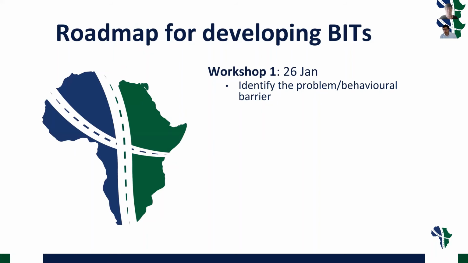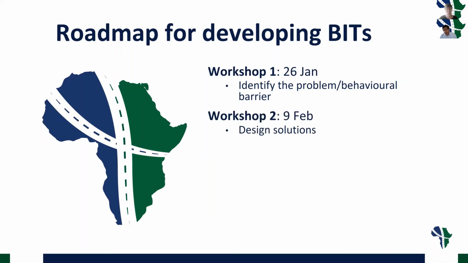I believe you've all received calendar invitations for the 3 workshops next year. The first workshop is the 26th of January, and I want to just describe these workshops in the next few minutes. Here we're going to try to really pin down the problem statement, going through the exercise we did briefly earlier, but in a more careful and involved way.